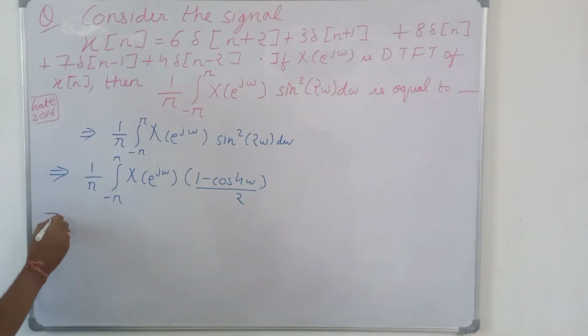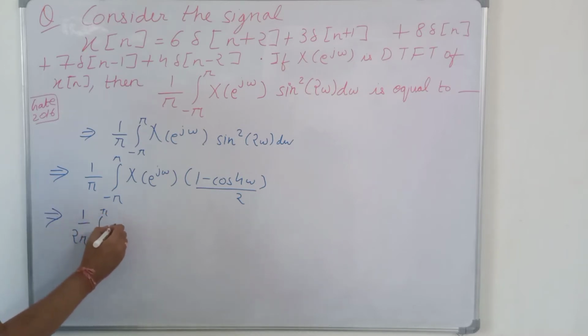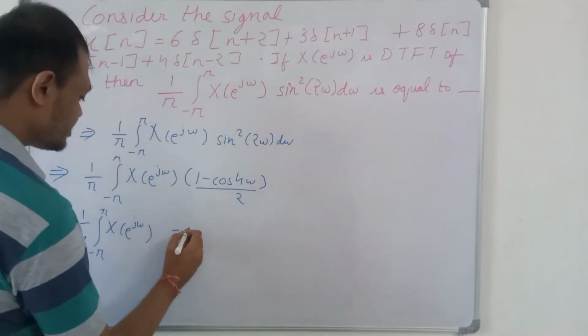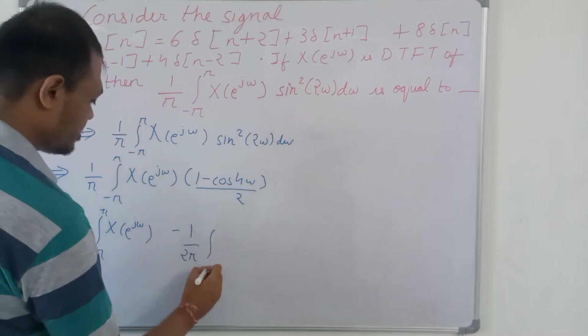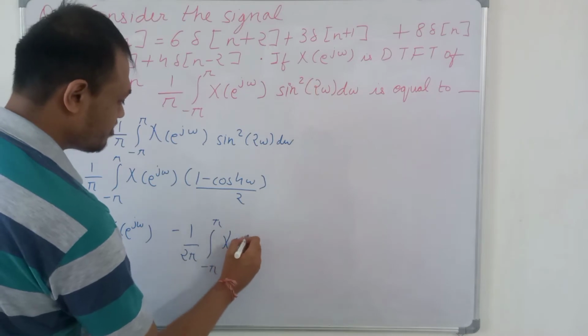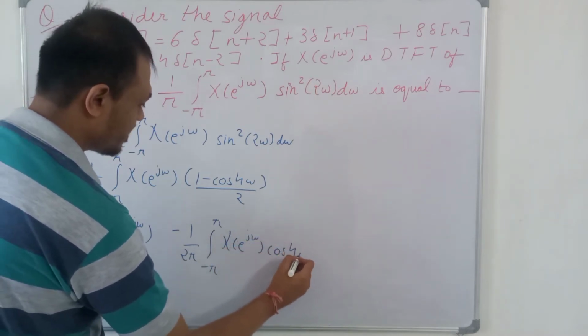Now we can separate these two terms. So this will be equal to 1 upon 2 pi, integral from minus pi to pi, X of e to the power j omega d omega, minus 1 upon 2 pi, integral from minus pi to pi, X of e to the power j omega cos of 4 omega d omega.